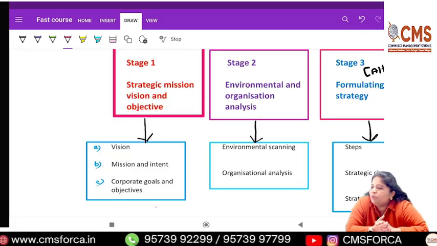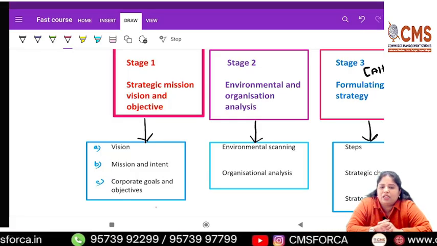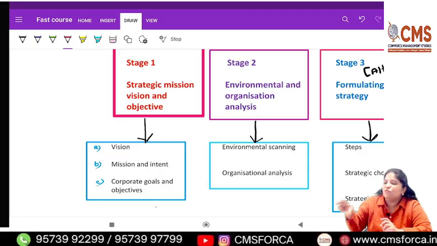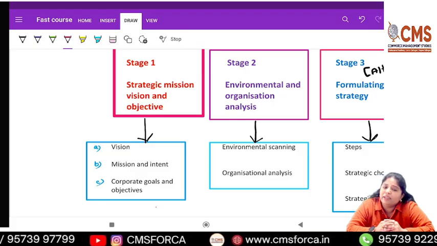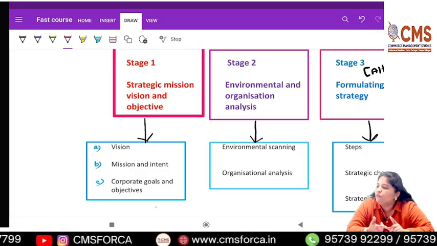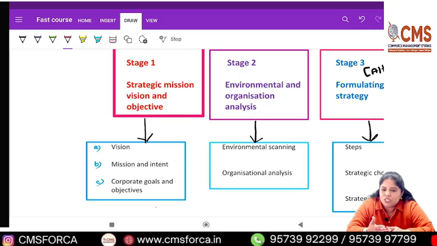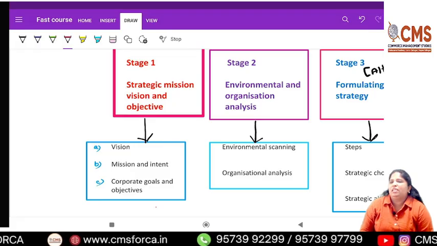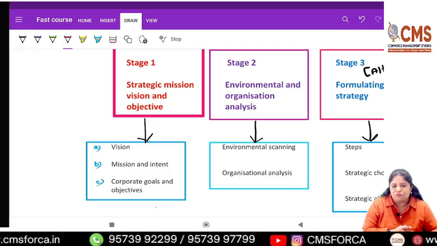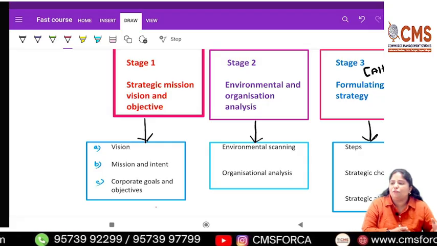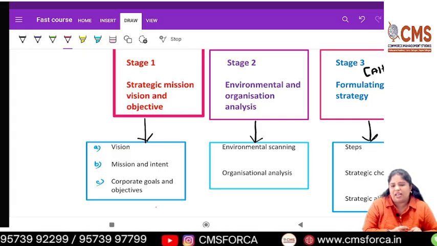Why does vision have to be communicated to all levels in the organization? Because all can work for unified objectives. And a vision always has to be well articulated, best worded. And what is basically a vision? It represents where the organization wants to land in the future and provides a clear future direction to the organization.